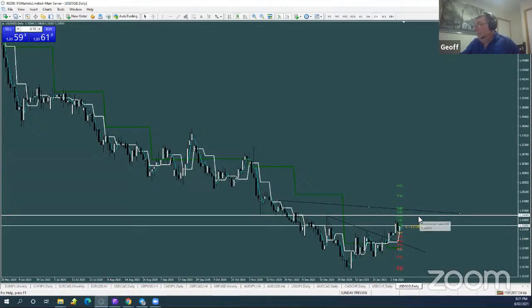You ain't got much room there. But if you can find a way in with a reasonable stop loss, there's no reason why you can't take profit there. And if it does go, you're in the game. So, yep, I see it. Am I willing to trade it? Not yet. Break and retest there, I reckon, before I went. That would be me.